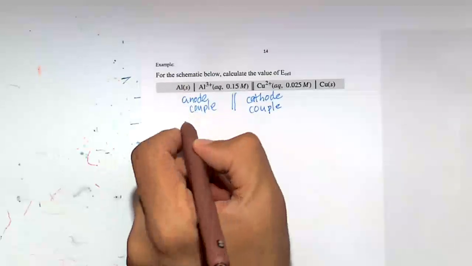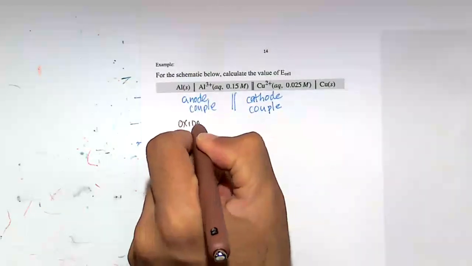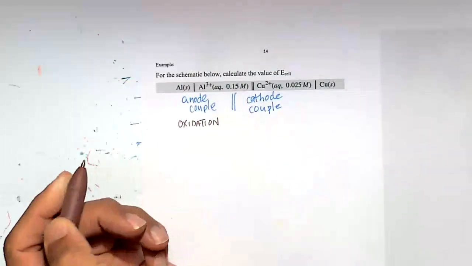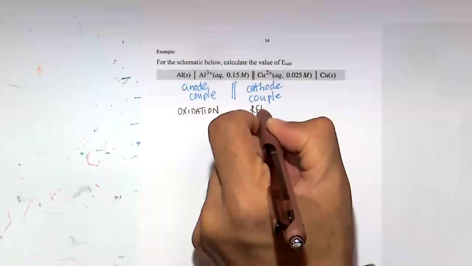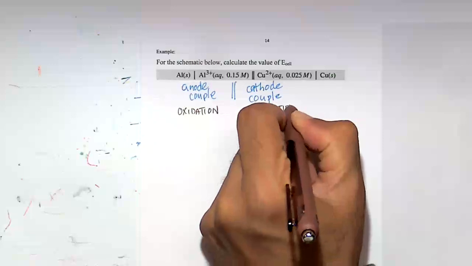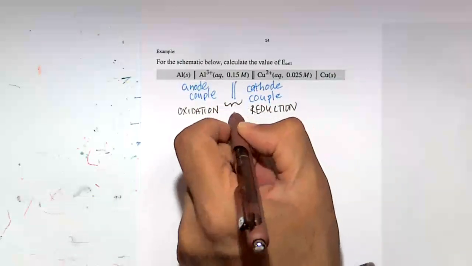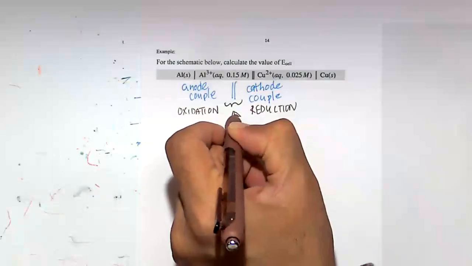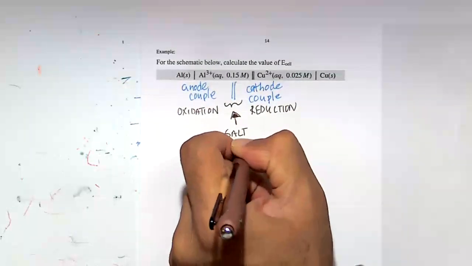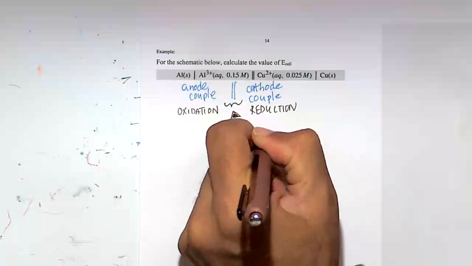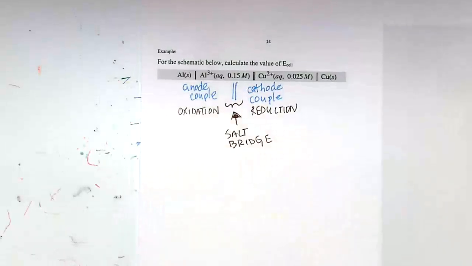What happens at the anode? Oxidation happens at the anode. What happens at the cathode? Reduction happens at the cathode. This thing once again is called the salt bridge. It's just two vertical lines.